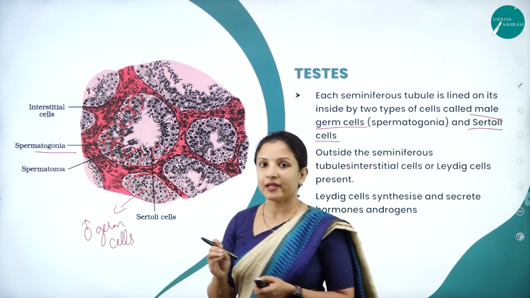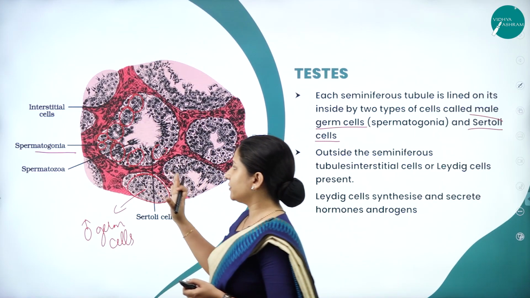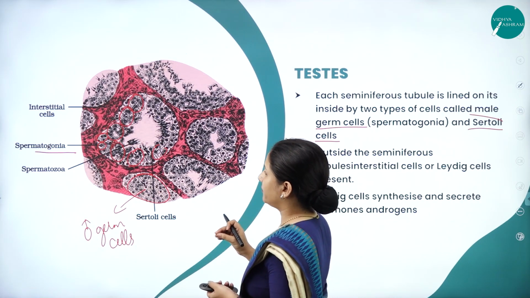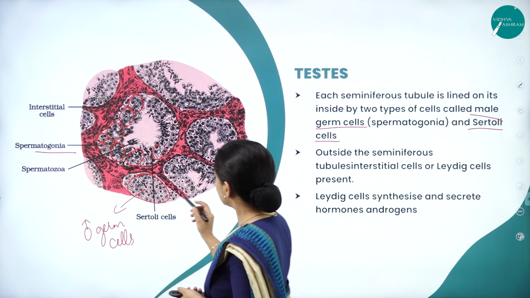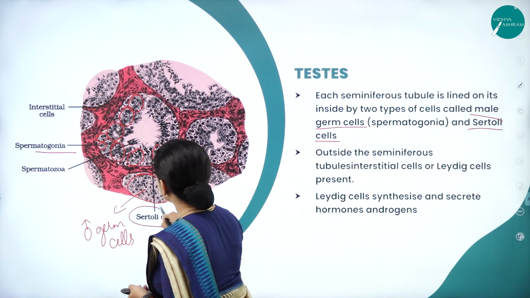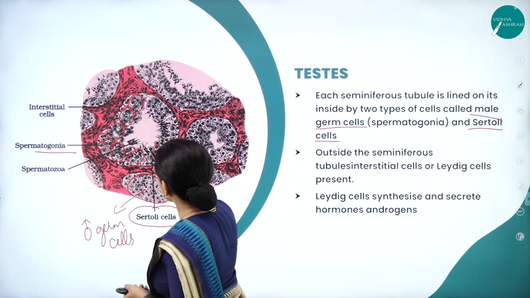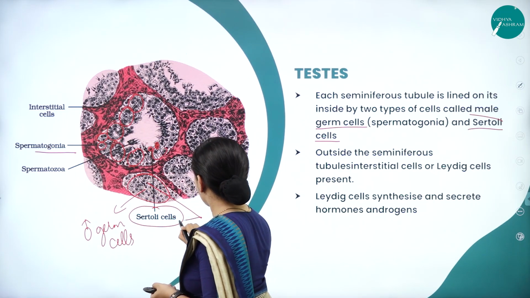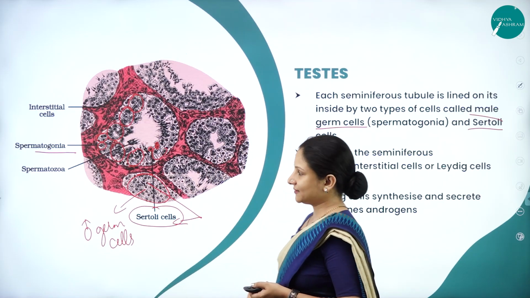Now, apart from having spermatogonia, they also have some cells called Sertoli cells. Inside these round structures, you can see small black round structures. They are called the Sertoli cells.